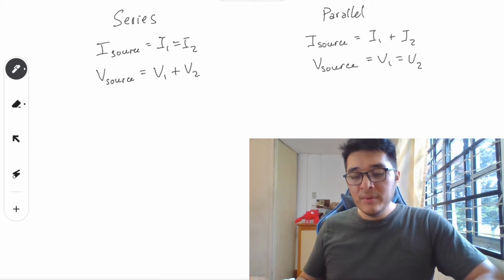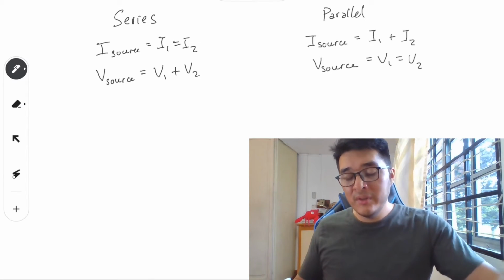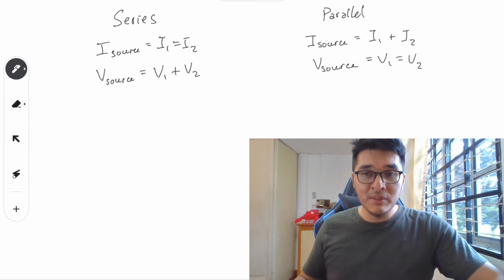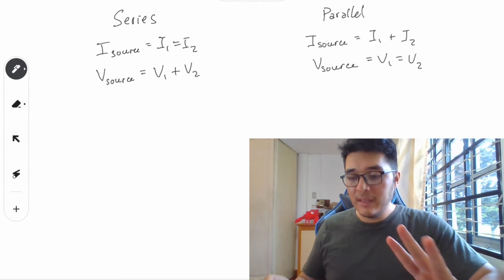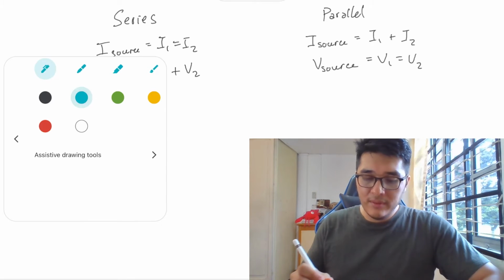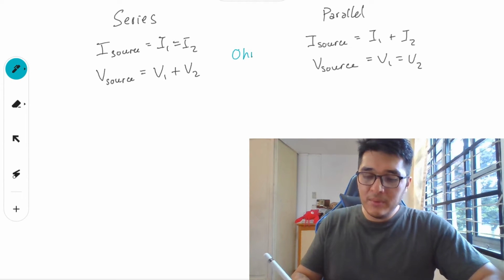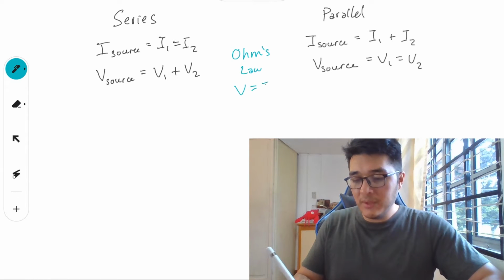And now what we're going to do is take this one step further by considering the resistor. We know there's a connection between resistor, current, and voltage. That's due to Ohm's law, which is V equals IR.